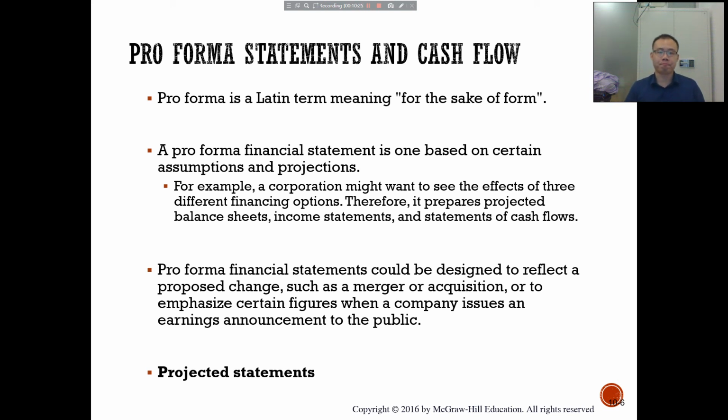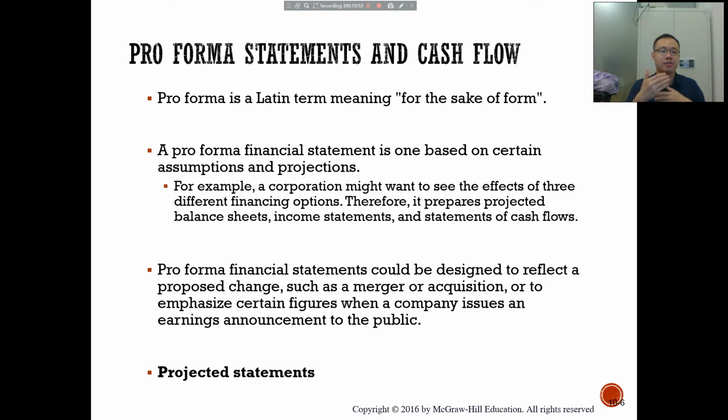Pro forma statements and cash flow. Pro forma is a Latin term meaning for the sake of form. It means that this is a hypothetical financial statement that is based on certain assumptions and projections. For example, a corporation might want to see the effects of 3 different financing options.